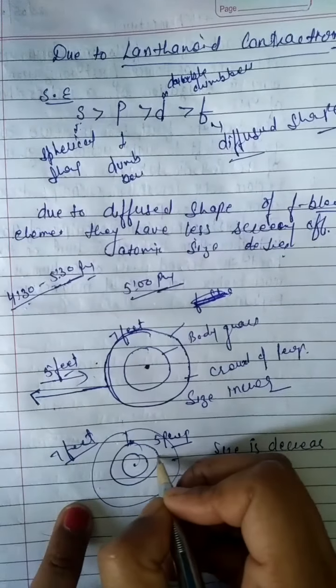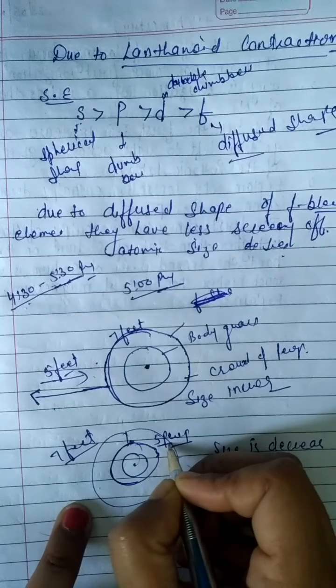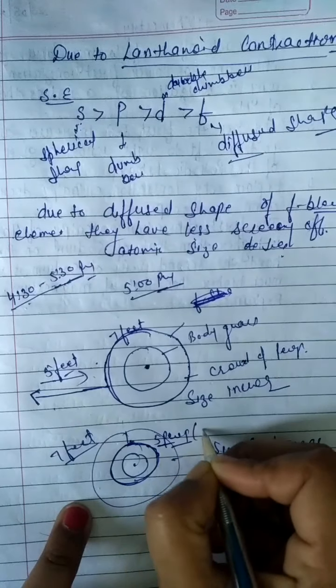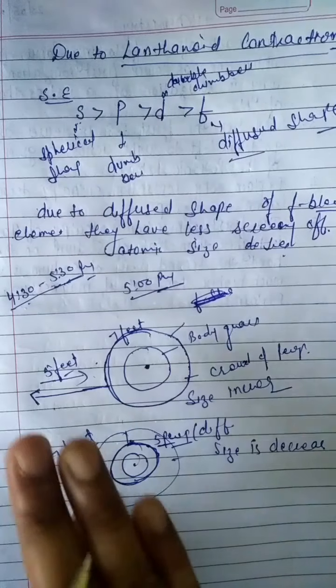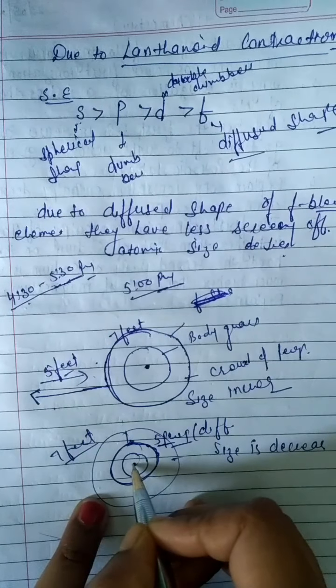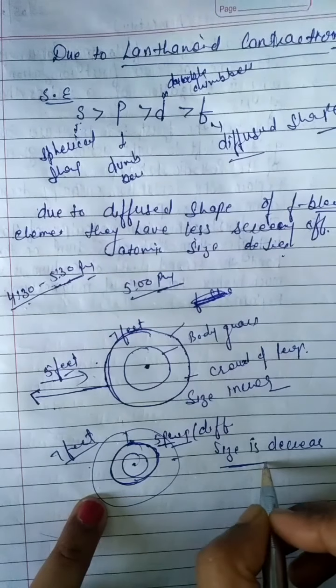In that case, they have a 5 feet height. They have a less screening effect due to the diffuse shape. Their shape is diffuse. That's why the nucleus has a great attraction towards the outermost shell and the size is decreasing.